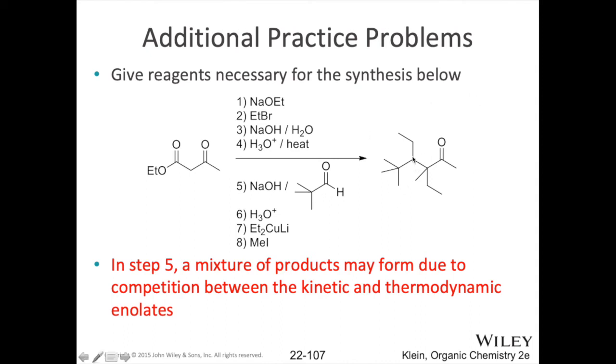So we can get this tert-butyl group here added on by using this aldehyde and doing a subsequent aldol condensation. So if you're having trouble seeing this, let me draw the intermediates because I think that might make this a little bit easier to follow.